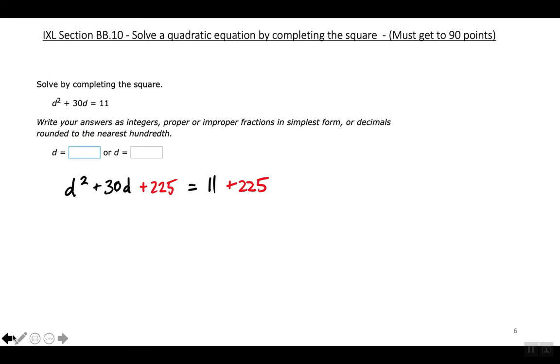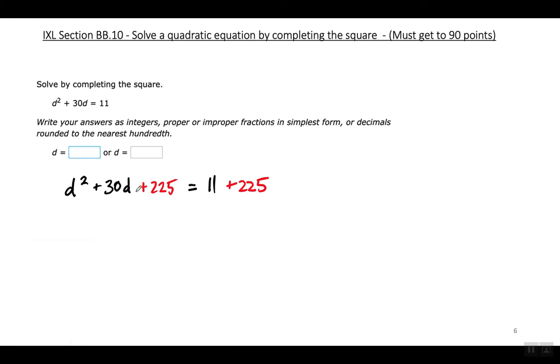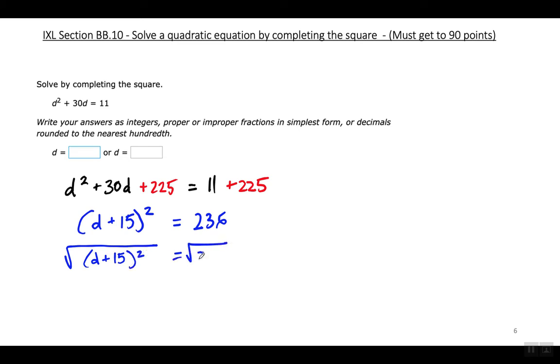Now on the left side, when I factor that quadratic expression, I'm going to get d plus 15 to the second power equals, when I add these two, 236. Now let's take the square root of both sides so that we can solve for d. On the left-hand side, the square root is going to be d plus 15.